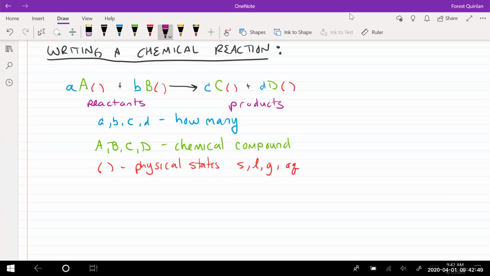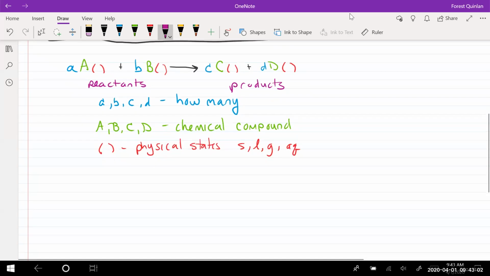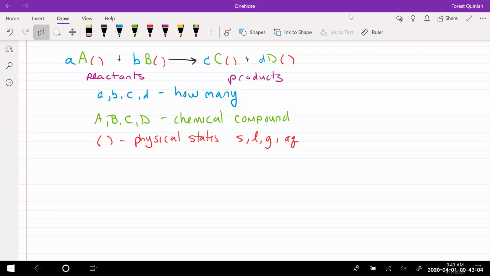It can be one thing. It can be things coming together, breaking apart, you name it. But in general, you'll have a certain amount of things on the left equaling a certain amount of things on the right. And as we'll soon see, we are going to have to recall our conservation of mass when we do this. Now, I'm going to give you an example of one of these.